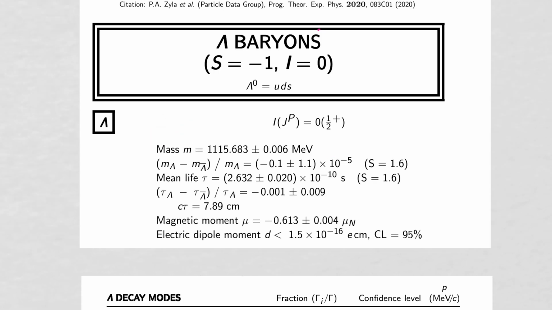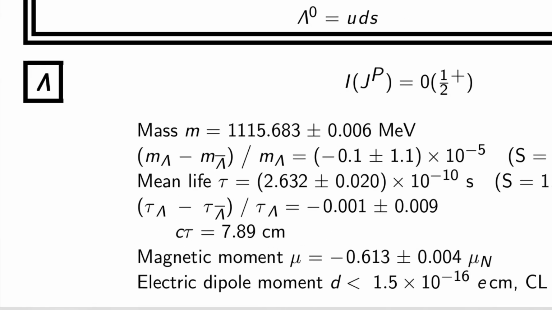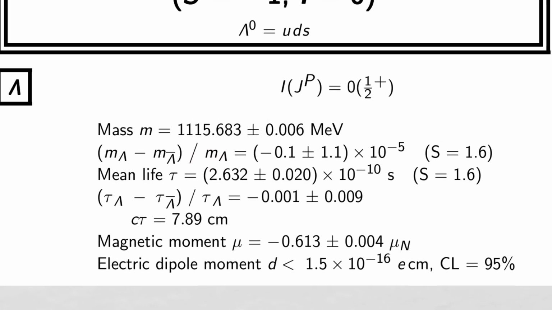There are some other interesting facts here that are not relevant to us, but I'll check while we're at it. The idea is the mass of the lambda particle minus the mass of the anti-lambda, so the difference in the masses between the particle and the antiparticle as a fraction of the overall mass of the particle. It's given, and that would be interesting, right?